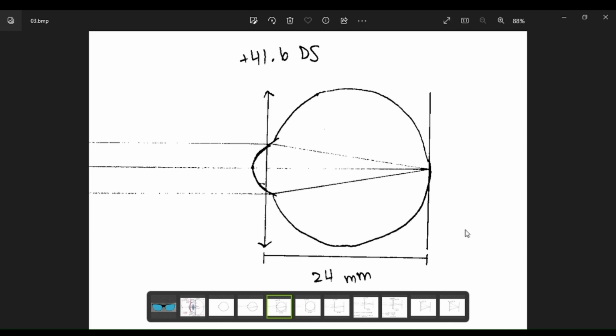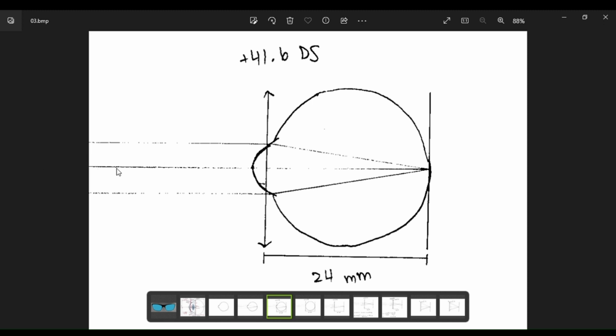So 1 over 24, but we need to convert millimeters into meters. So that ends up being 41.6 diopters. So this eye that has this length, that has this power, is able to focus clearly on the retina and see things far away.